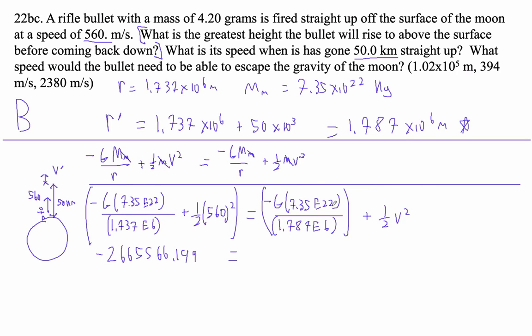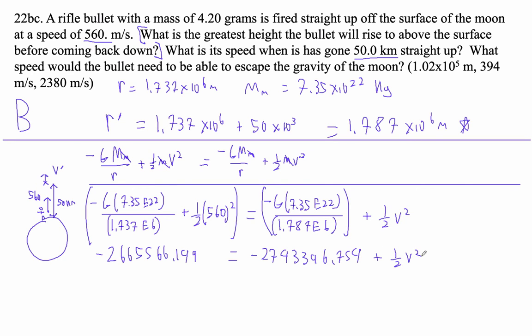Equals, and then this number here is opposite of G times 7.35 E22, and then my new number is 1.787 E6. So this guy is negative 2743396.754.